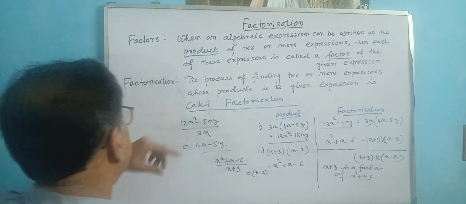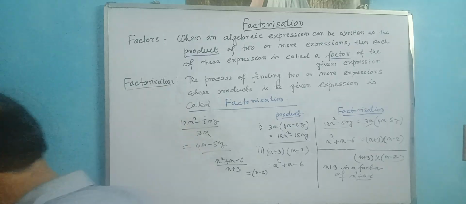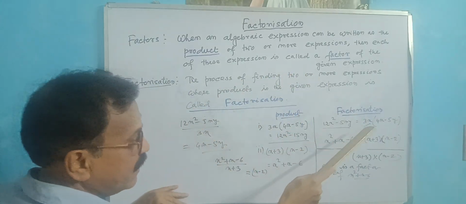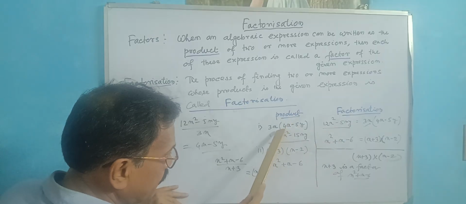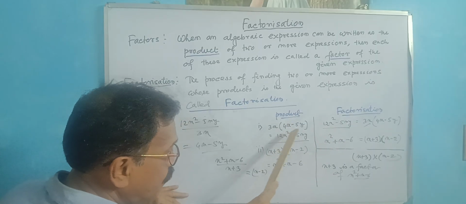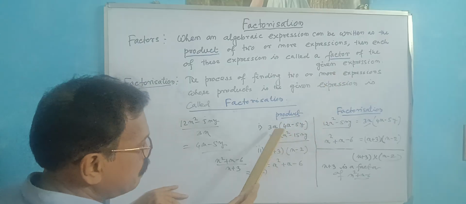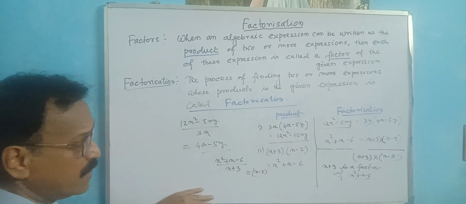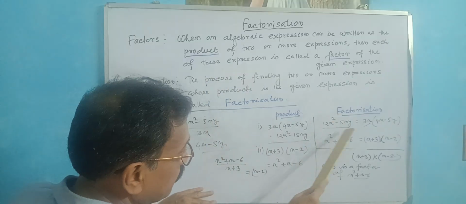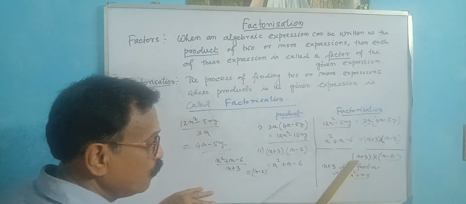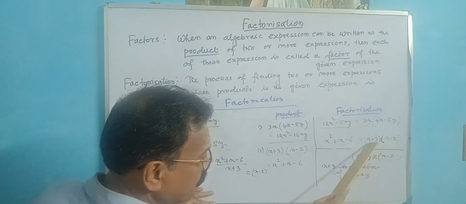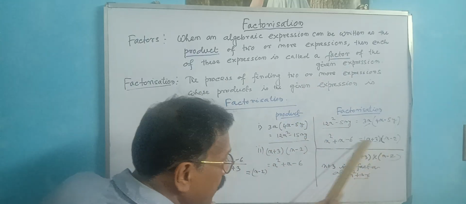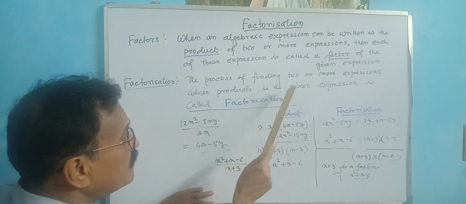Okay. Now next, factorization. What do you mean by factorization? Actually this is the process of finding two or more expressions whose product is the given expression. This is an algebraic expression, and if you multiply those things, x plus 3 into this, the product equals the given expression.